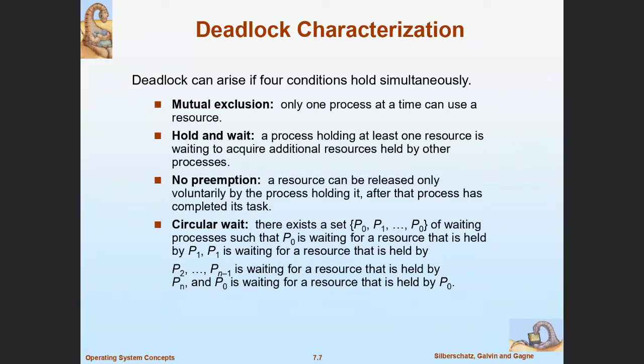So the process is using a resource while waiting to acquire another resource which is held by another process. No preemption. We can have preemption, but if we satisfy no preemption, this is the third condition for having a deadlock. So the resource may be released only by the process itself.